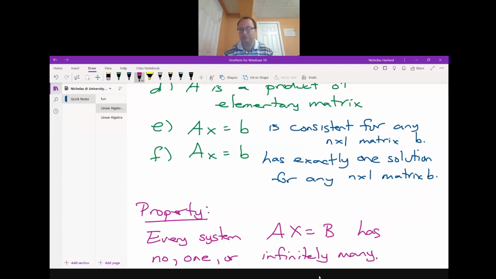Which again is probably not something that's overly surprising. We would have seen that in our row operations in terms of actually solving them. If you get a row of zeros with a non-zero in the augmented part, that means there's no solution. If there's a leading one in every column, you get exactly one solution. If the system is consistent, but there's a column without a leading one, you get infinitely many. So this, while we may not have written it down, was not a property that's overly surprising.